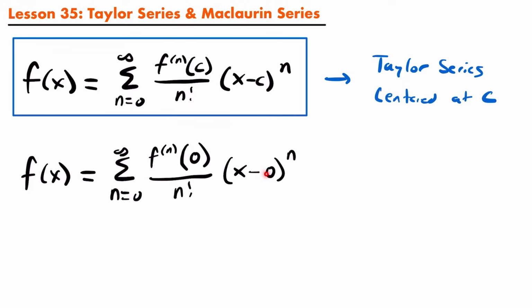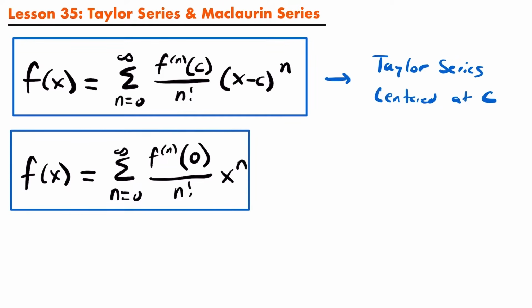But now x minus 0 is just x, so this would just be x to the power of n. All right, and so this right here is the form of a Maclaurin series. And I guess you could write that it's centered at 0, but that's a little bit redundant because a Maclaurin series is always a Taylor series centered at 0.